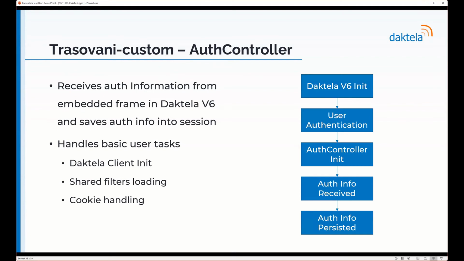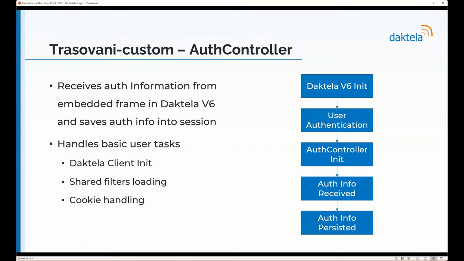So the first one was the AuthController. The task of this controller was to identify for the application the user that has been authenticated in the Daktela V6 solution. Because we didn't have the user authenticated directly in the tracing custom application, we've had him authenticated in Daktela V6, and there was no big chance to use some SSO solution.